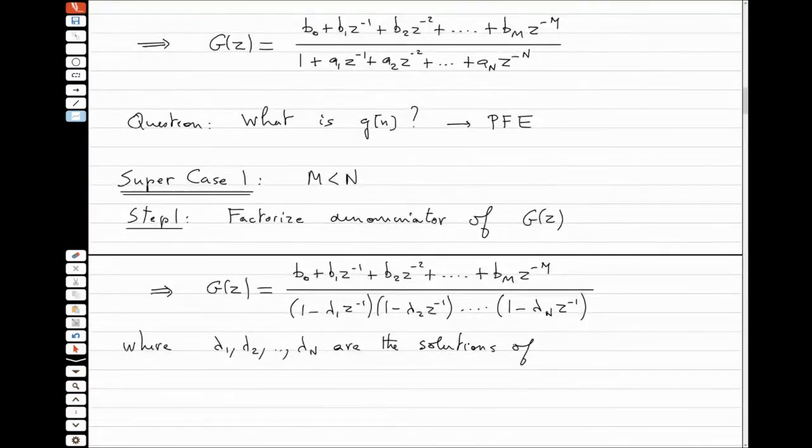You don't solve this equation with negative powers of z. You have to solve the version involving positive powers of z, which you obtain by multiplying the whole thing by z to the power of capital N.